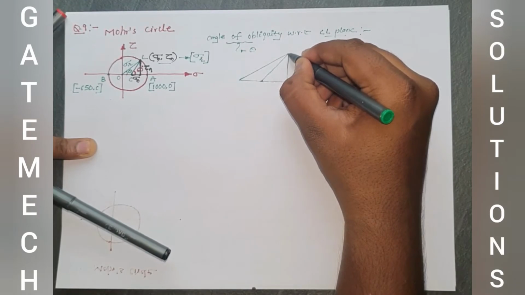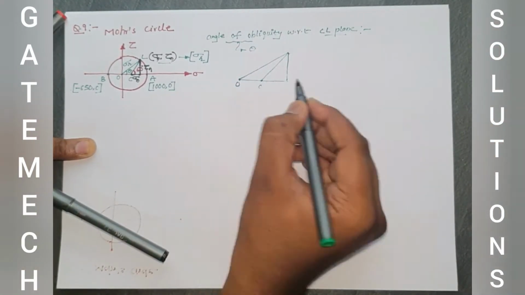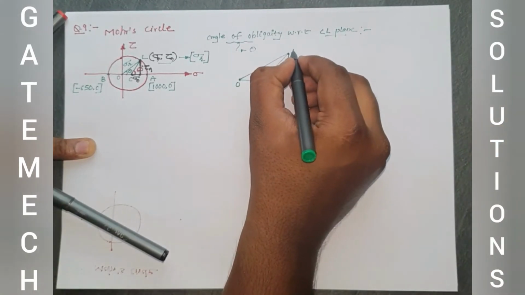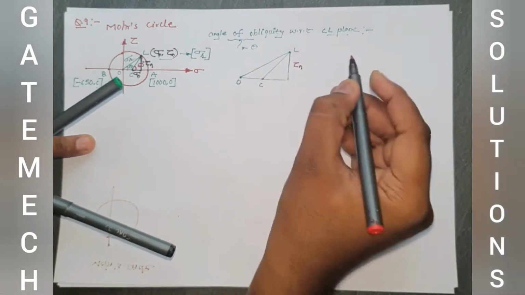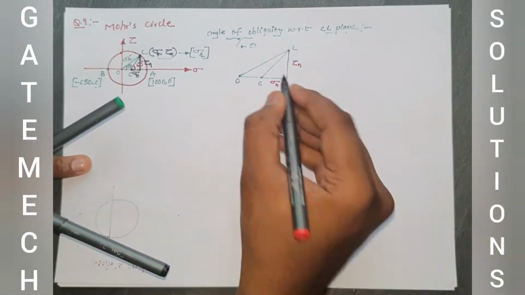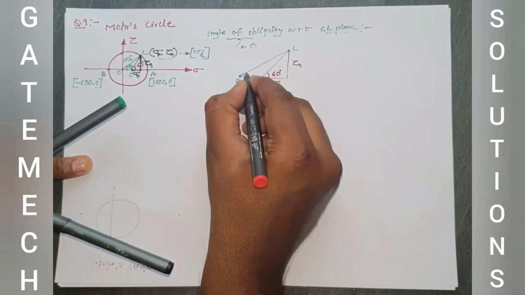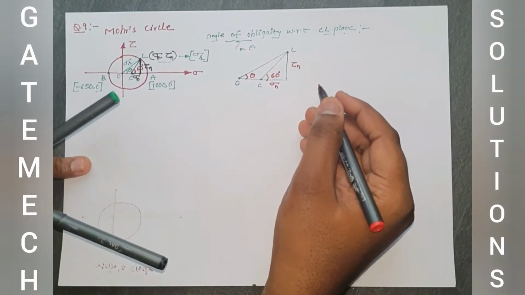So this is the triangle. This is the origin point O, the center point C, and this point is L. So this height is a tau n and this value is a sigma n. So this value is given 60 degree, and here we need to calculate the theta value. Theta is called as angle of obliquity, right?